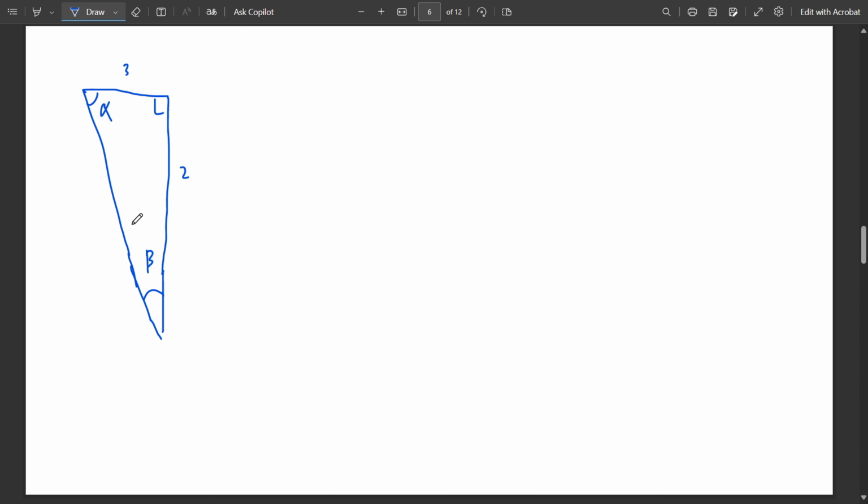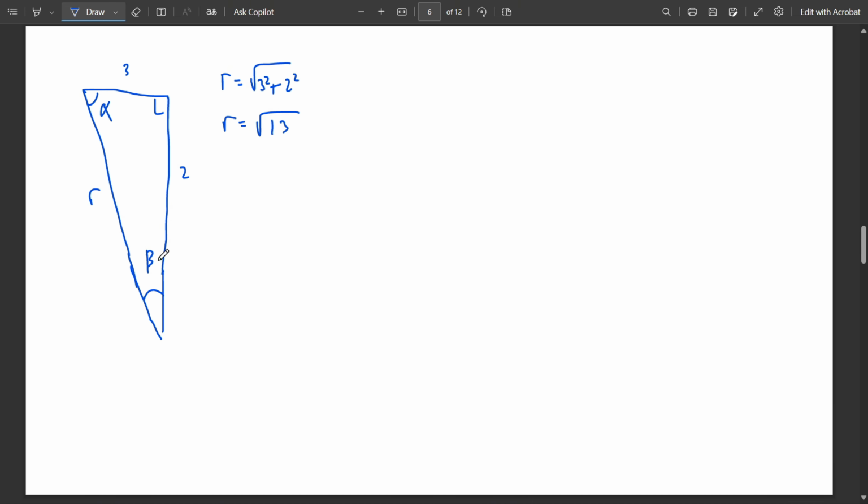Well, we can find our hypotenuse here. So our hypotenuse, let's call it r, is r equals the square root of 3 squared plus 2 squared, square root of 9 plus 4, which is just 13. Okay. So our r is the square root of 13.